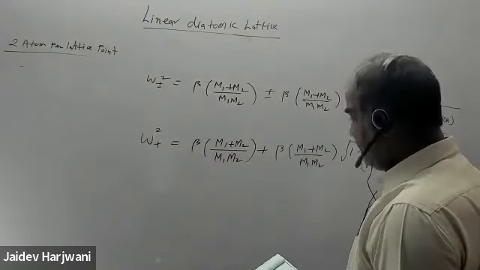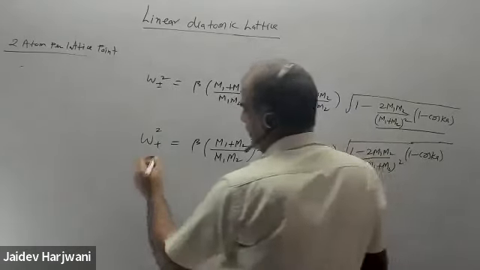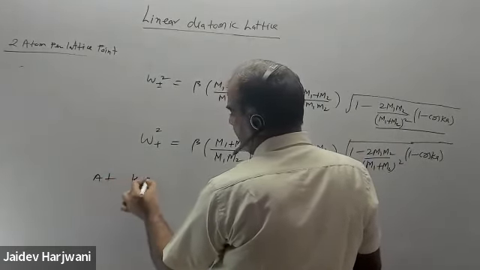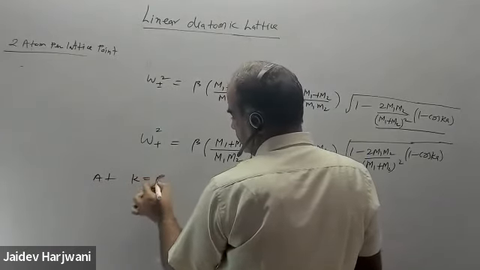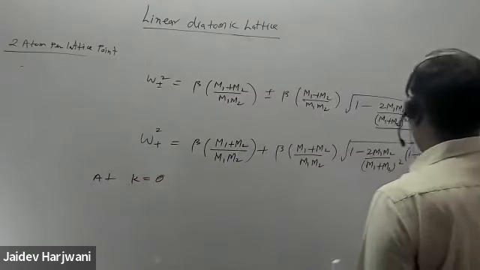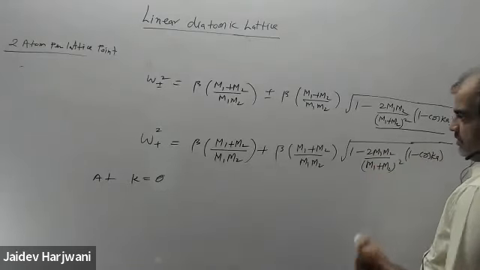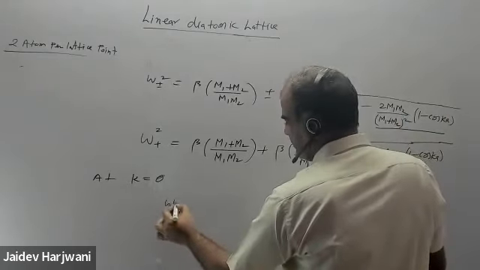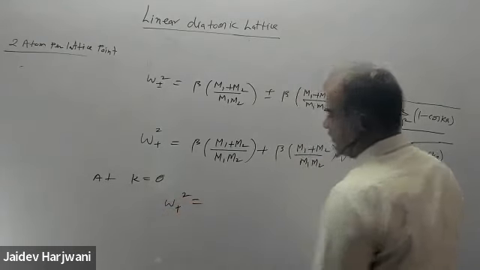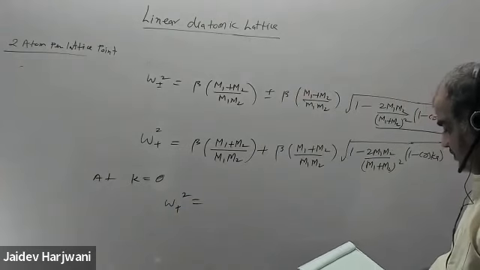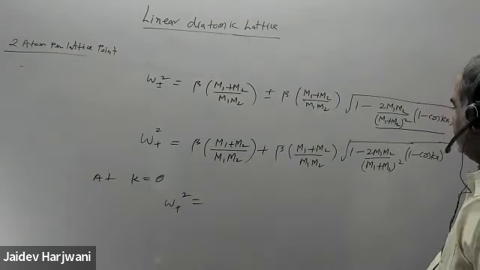Now I want to see what is the value of omega plus at k equal to 0. If I put k equal to 0, this term will become 0. So what will be the value of omega plus square?